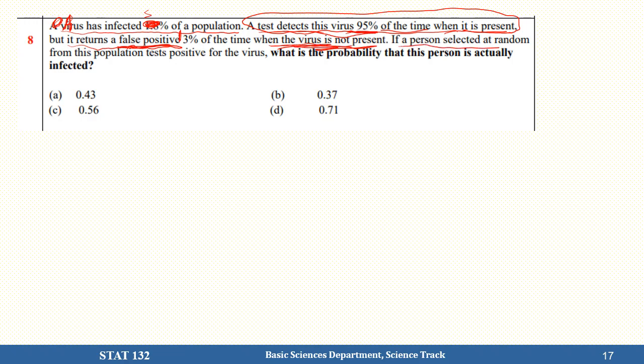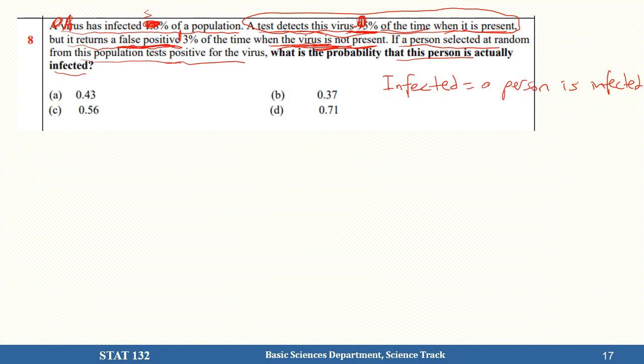If a person selected at random from this population tests positive for the virus, what's the probability that this person is actually infected? So here we have two events. One is being infected, so I will write here I for infected, which means the event that a person is really infected.